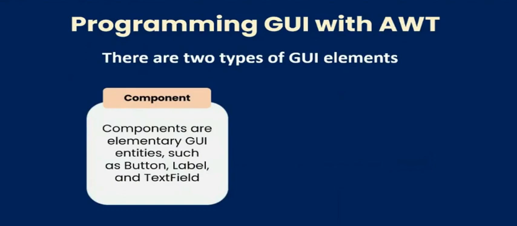Components are entities such as button, label, and text field or input fields. Text field is what Java calls it, but it is like input fields, meaning whatever you input here, like your information, or for example the price, the number of items you want to buy, or the quantity of your item you want to buy. Okay?